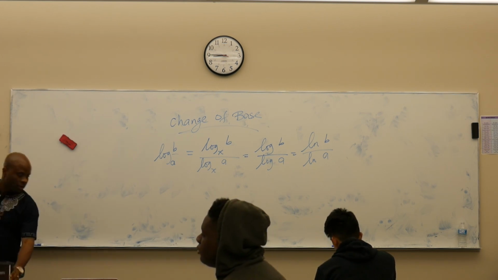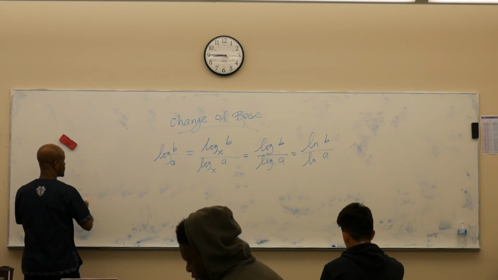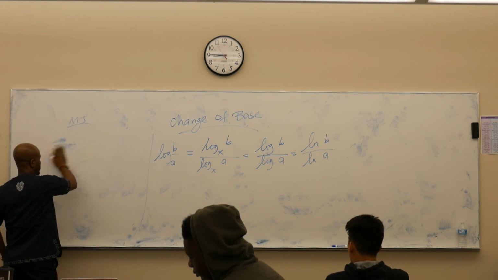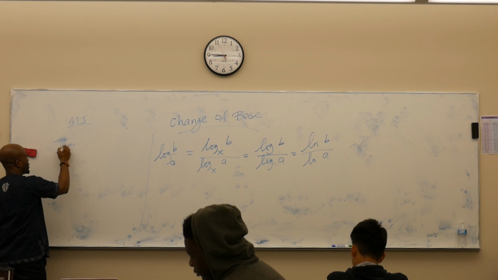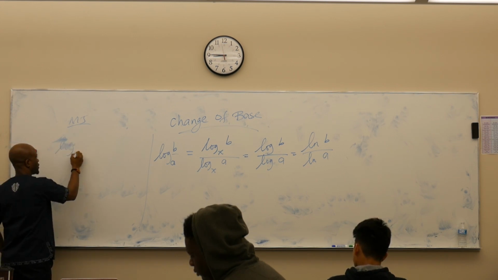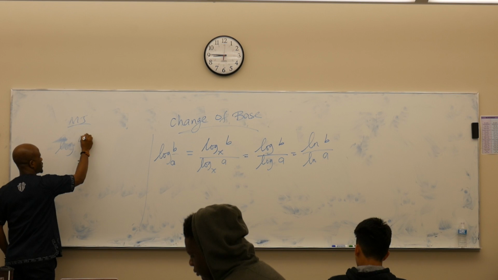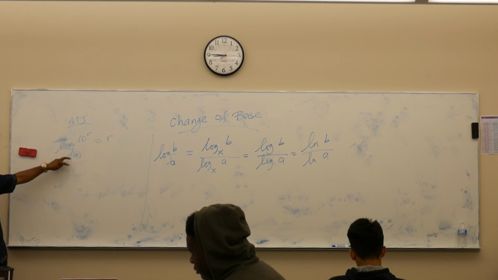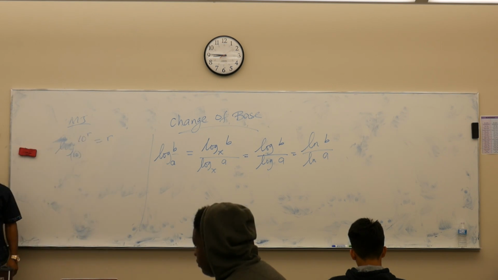The one that is not so new is, if you remember, we had the log, because the base was a 10. So we said if the base and the argument are the same, our answer is just the exponent.